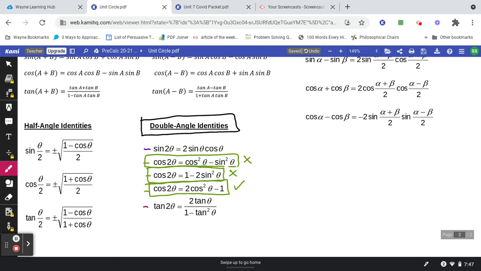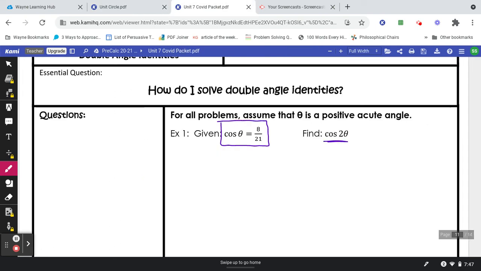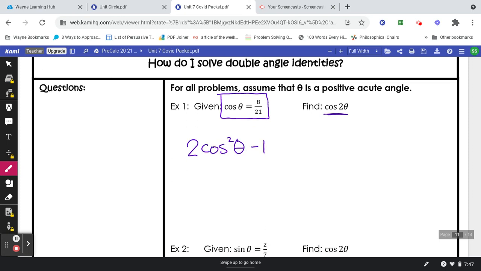I'll copy down everything I see after the equal sign. We'll write that as 2 cosine squared theta minus 1. We know cosine, so I'll write this as cosine is 8 over 21. And we'll just make sure we square both of them to get that cosine squared.